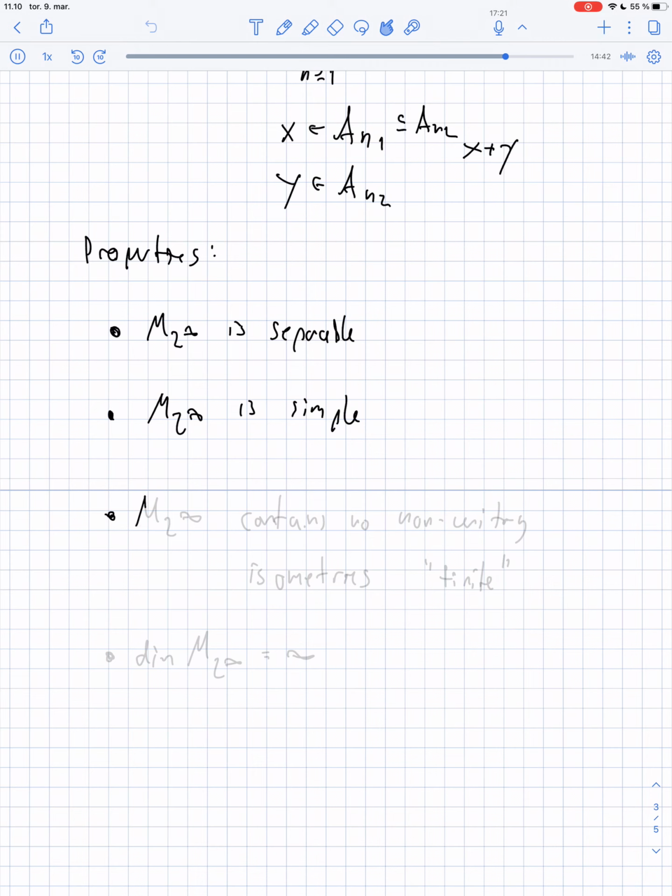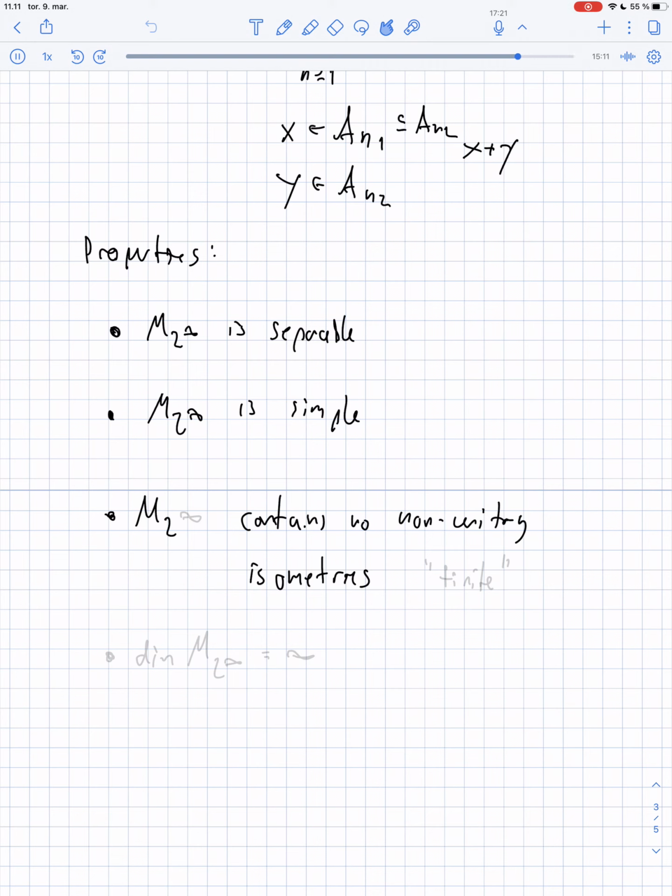Another important observation is that M_{2^∞} contains no non-unitary isometries. We've seen at the beginning of the course that it's easy to find these shift-type isometries that are not unitaries in an infinite dimensional Hilbert space.